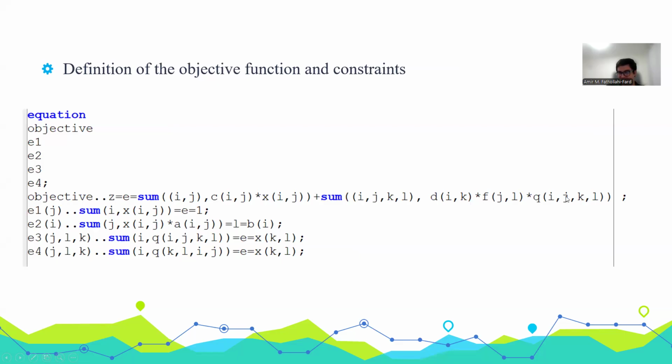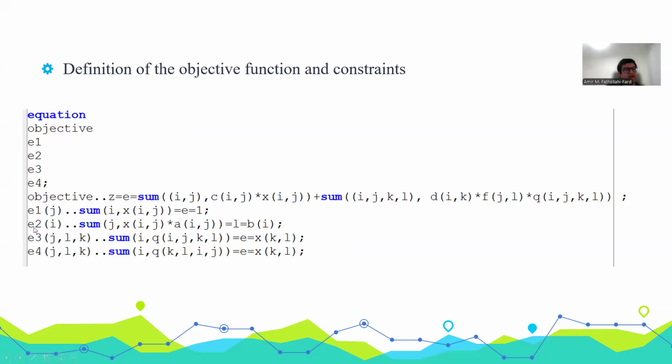We have the assignment constraints in E1, where for each j there is a summation on i of variable xij, which is equal to 1.